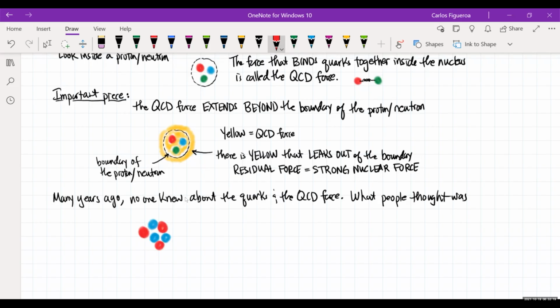Okay, so I'm going to imagine that this is my nucleus.